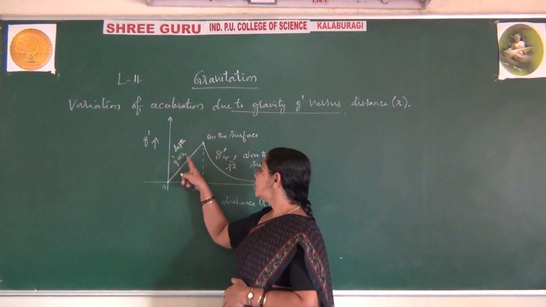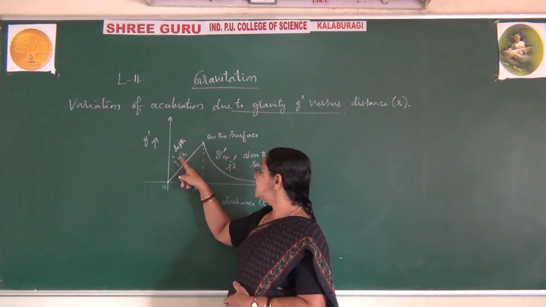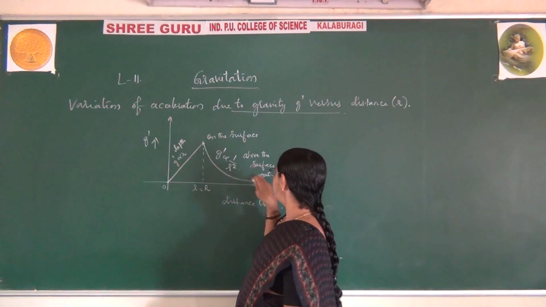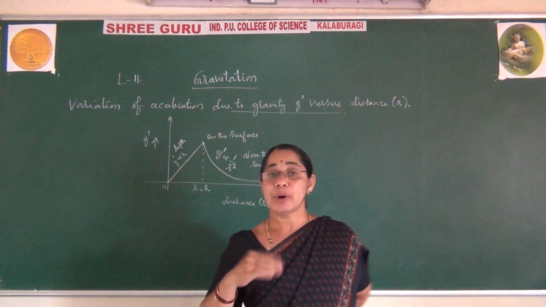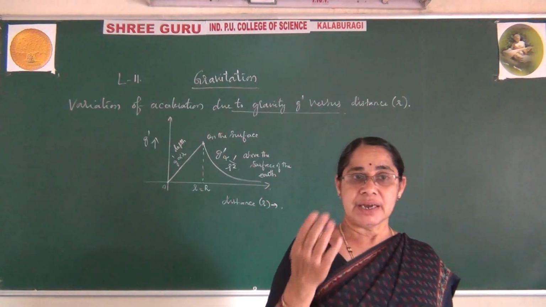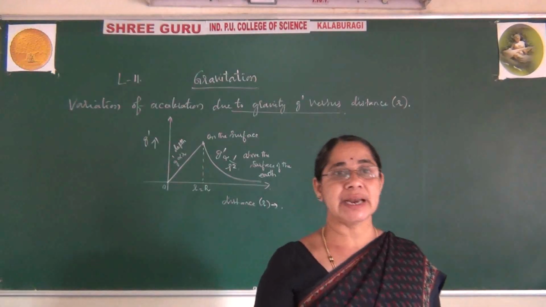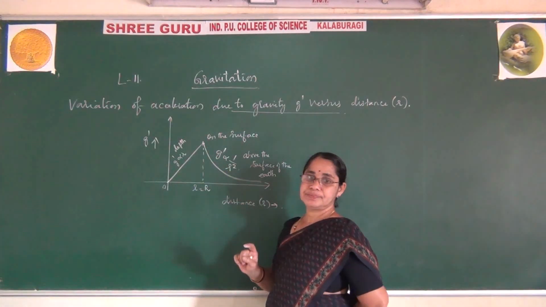As distance increases, g also changes; as distance decreases, g also changes, directly. But you know one concept I said: when you go above the surface of the earth, g decreases steeply. That is how we can observe it in this graph.